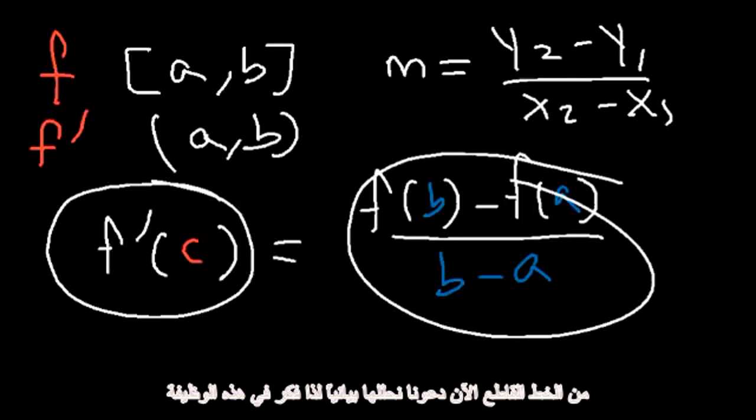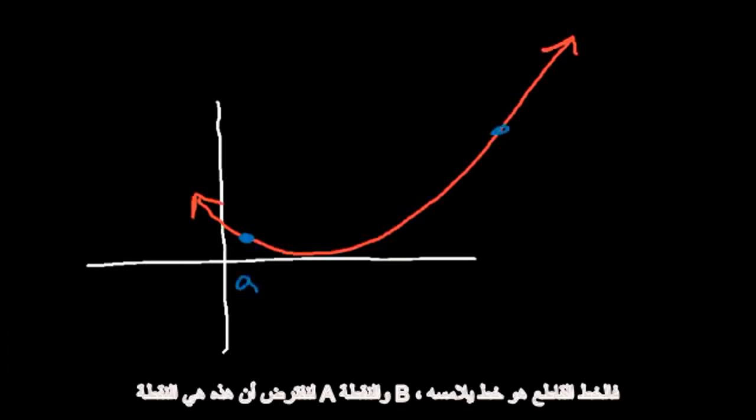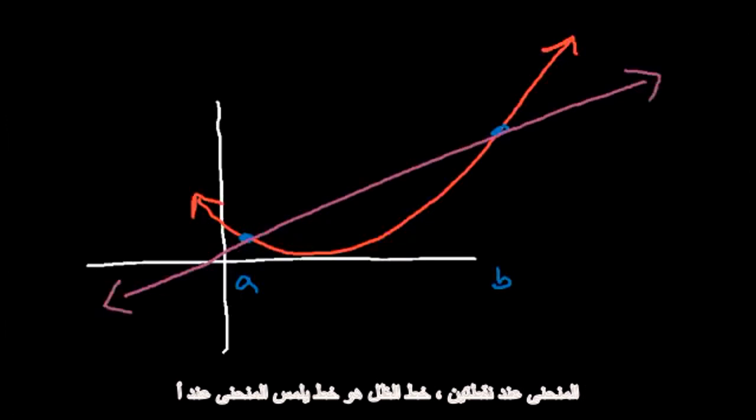Now let's analyze it graphically. So consider this function. Let's say this is point A and point B. The secant line is a line that touches the curve at 2 points.